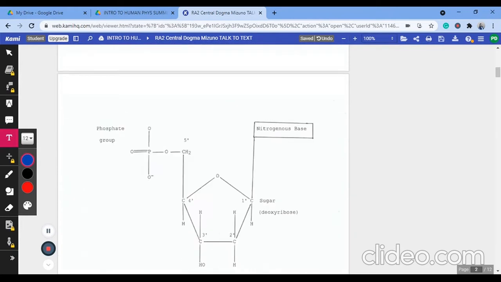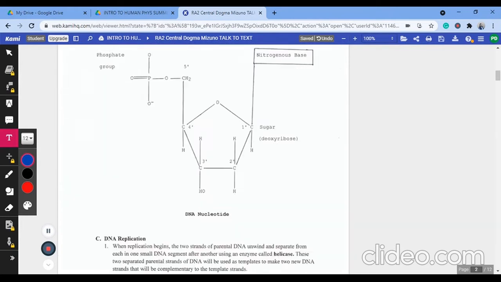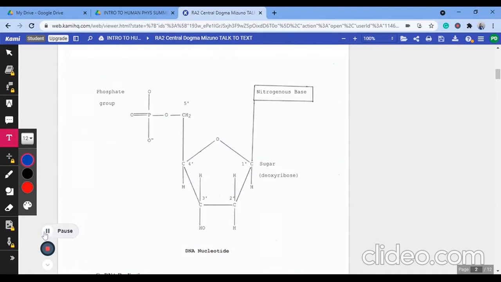But I'm just going to move on to this part right here, the DNA nucleotide. So this is the phosphate group, this is the sugar or the deoxyribose, and this is the nitrogenous base, which I'm not sure.